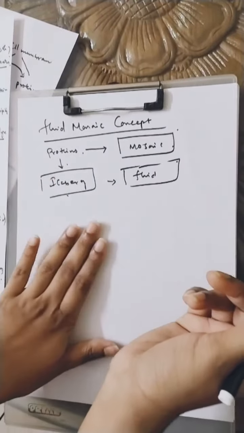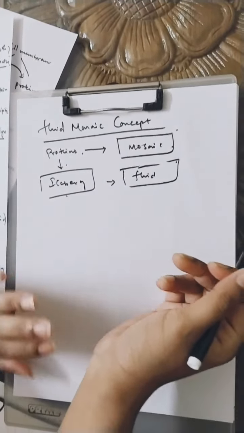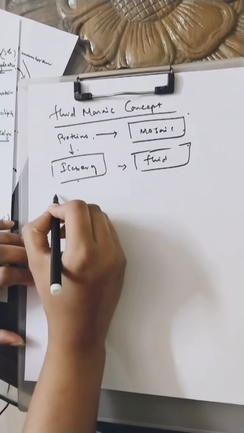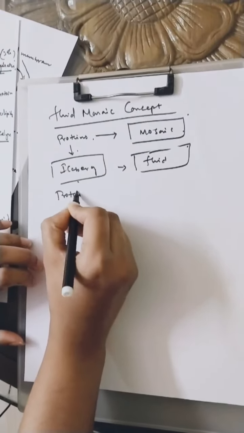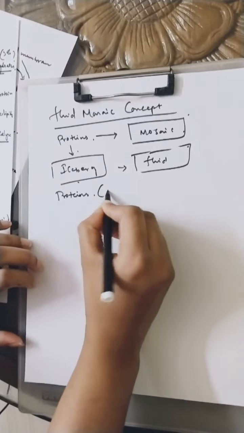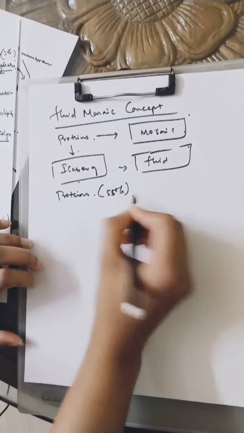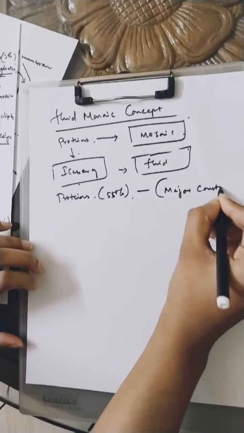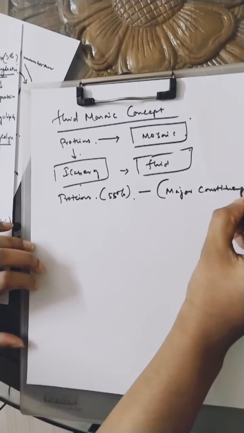In his concept, he also described the functions of proteins. Proteins are about 55%, the major constituent of the structure of the cell membrane.